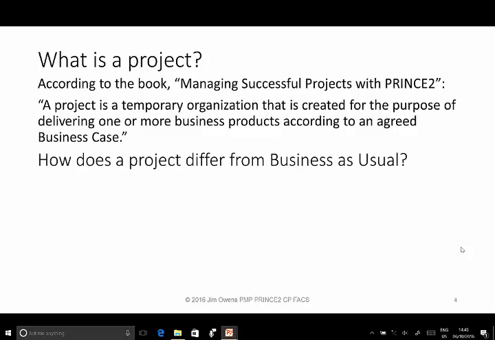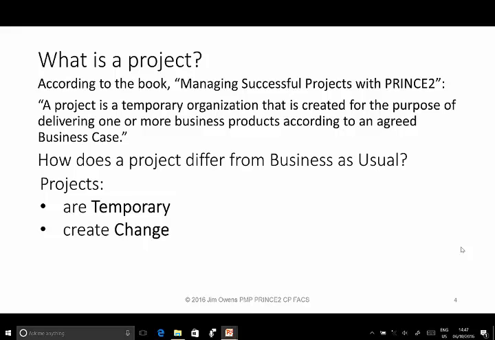So how does a project differ from business as usual? Projects are temporary. This means they have a beginning and an end. They are temporary organisations, and so after a project is completed, the project team members will leave the team to return to their usual jobs or to work on the next project, and the temporary organisation will no longer exist.